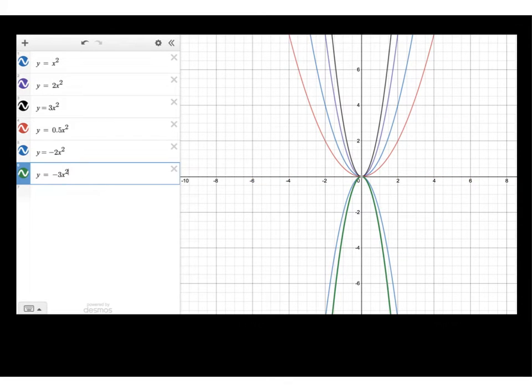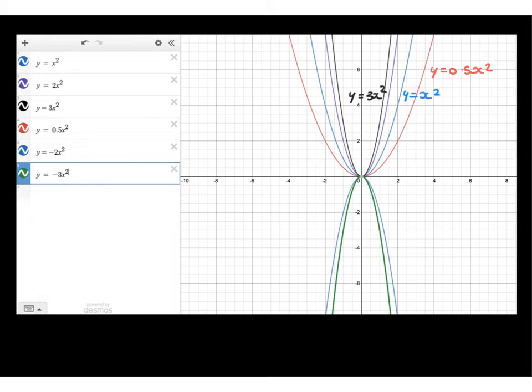Now here we have quite a large number of graphs plotted on one set of axes, so make sure you can tell them apart. This red graph here is y equals 0.5x squared, and we can also see the blue graph, which is y equals x squared, and then I'm just going to label the black graph here, y equals 3x squared.